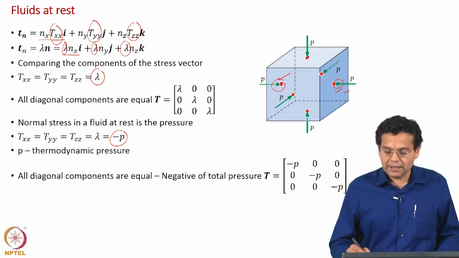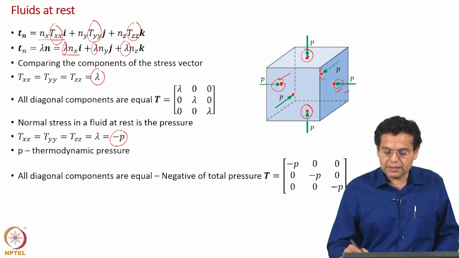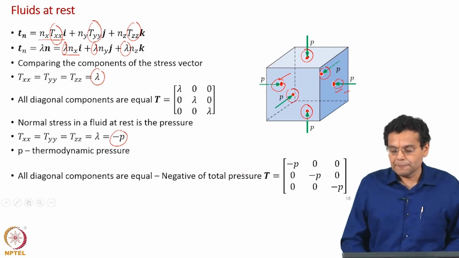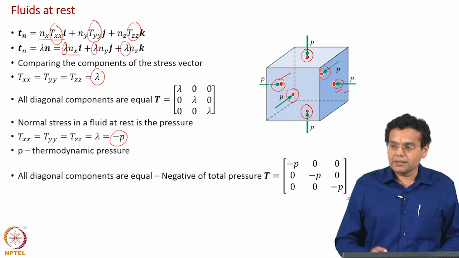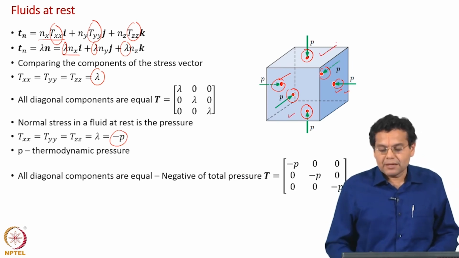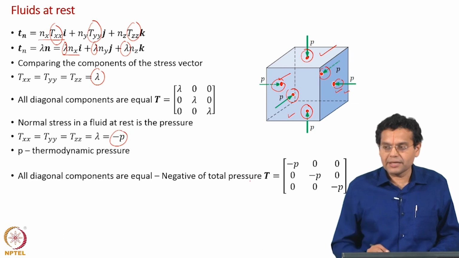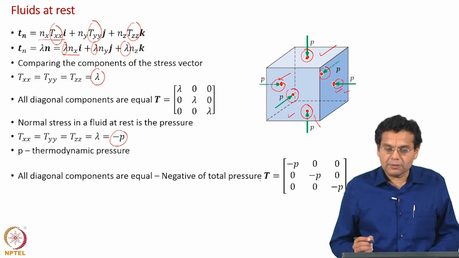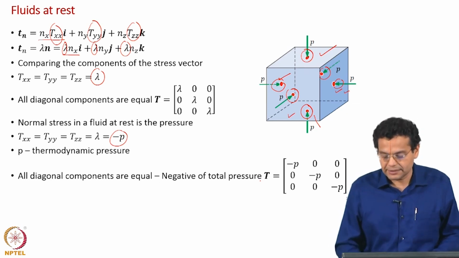Similarly along the y axis, and similarly along the z axis. On all the positive faces, the force should be along the negative axis direction. For example, this is a positive face and the force is along the negative direction, and this is a negative face, the force is along the positive direction, similarly for the z direction.